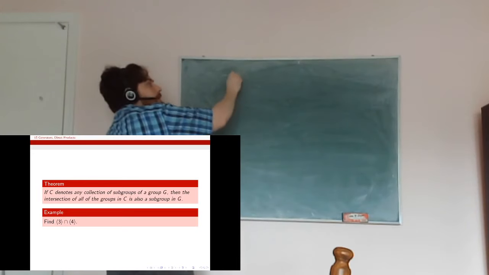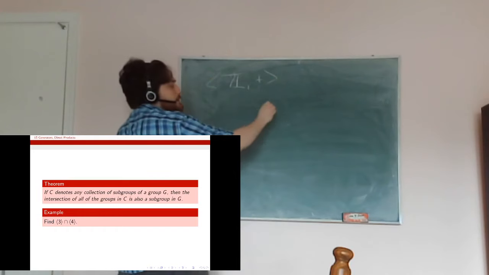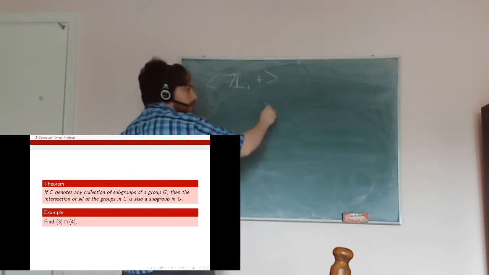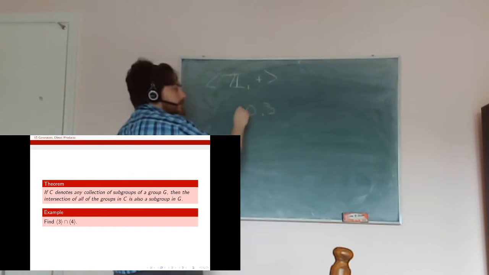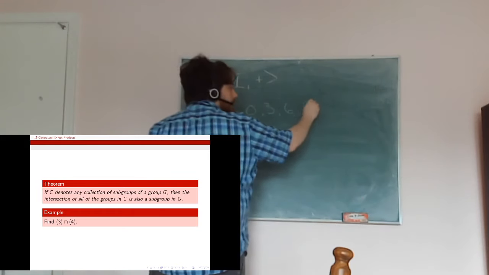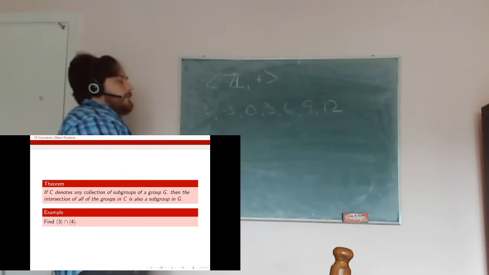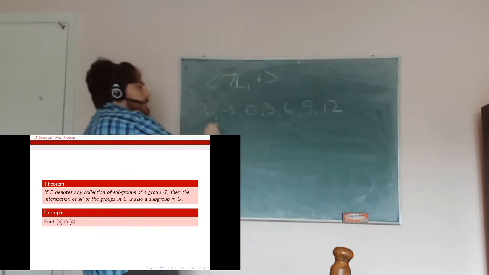But now, because I'm using addition, I'm going to use my addition notation. So I would have 3 times 1, 3 times 0, 3 times -1, 3 times 2, and so on.